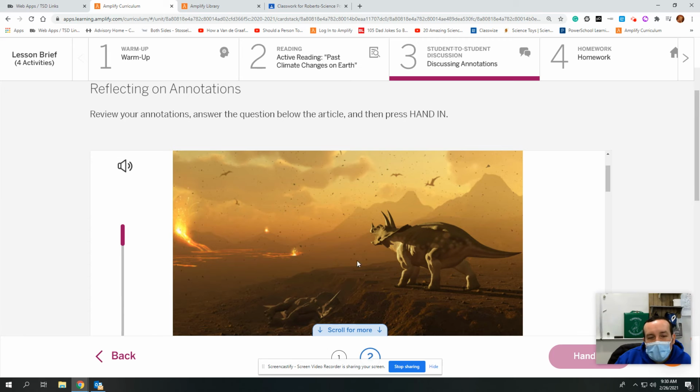Most, if not all, of these changes happened a very long time ago. And there were periods like the Cryogenian period that lasted something like 50 million years, right? That's a time scale that is so hard for us to imagine and wrap our minds around. But it is an important discussion about climate change and where we are now.